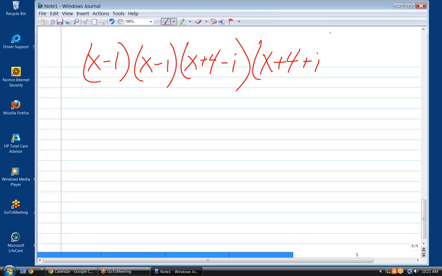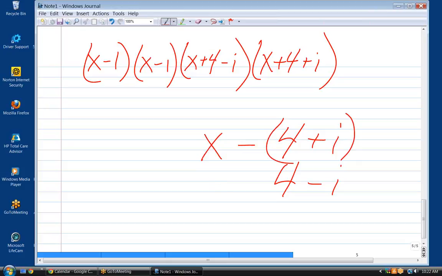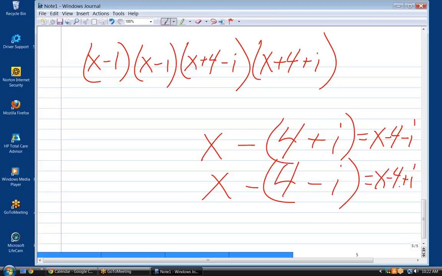Sure, okay. In other words, you end up with a problem here that if your solution was 4 plus i and 4 minus i, then your linear factor is x minus that and x minus that. Now if you remove the parentheses, this turns into x minus 4 minus i, and this one turns into x minus 4 plus i.